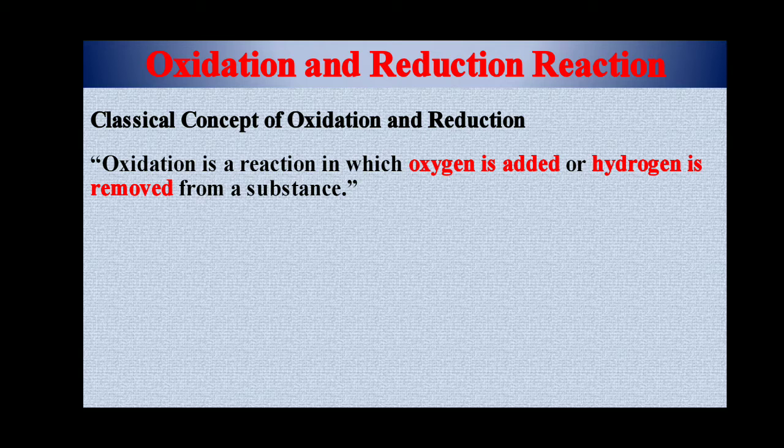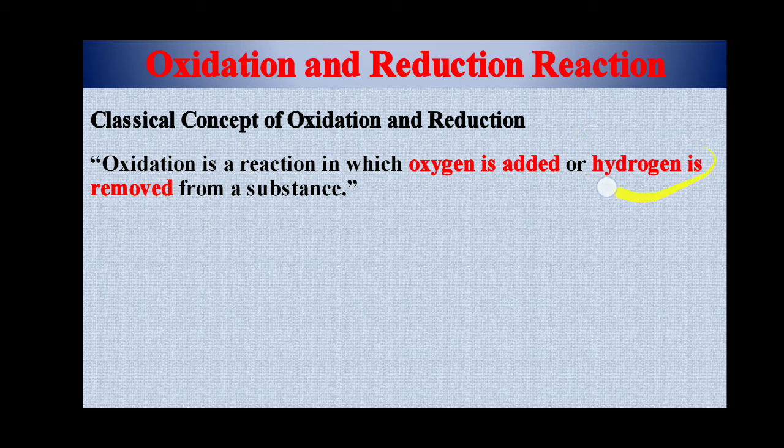So first, oxidation is a reaction in which oxygen is added or hydrogen is removed from a substance. That means only one should be done, either oxygen will be added or hydrogen will be removed.